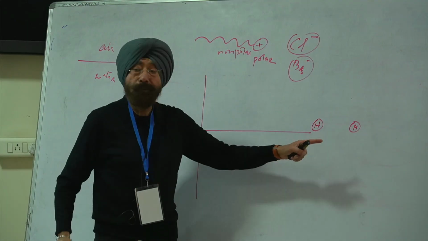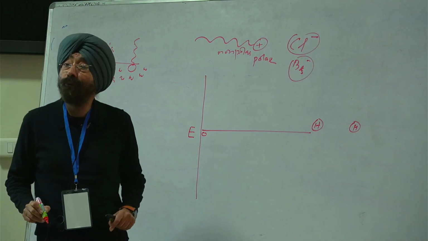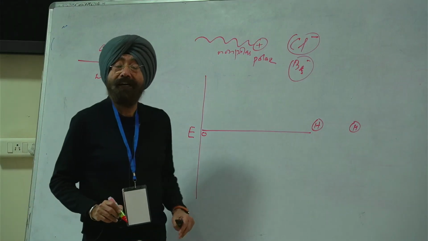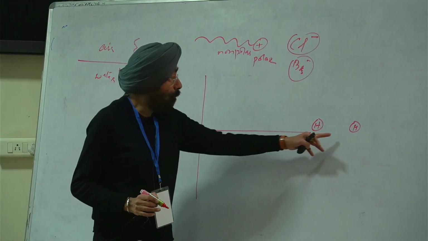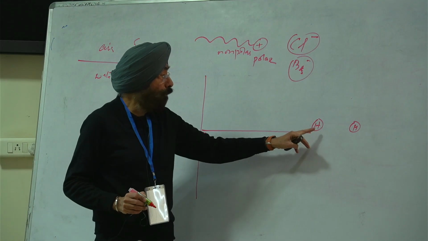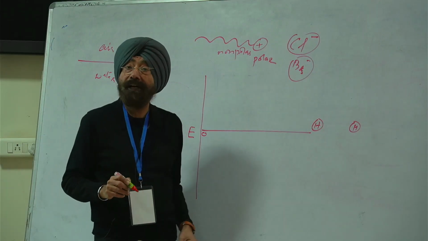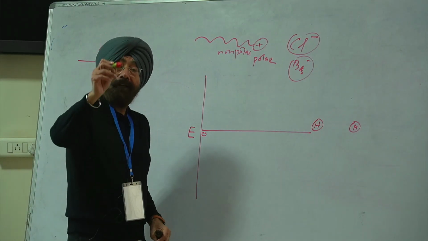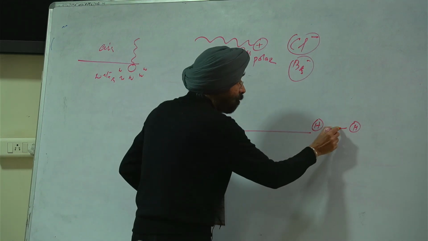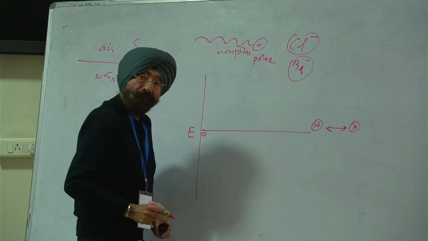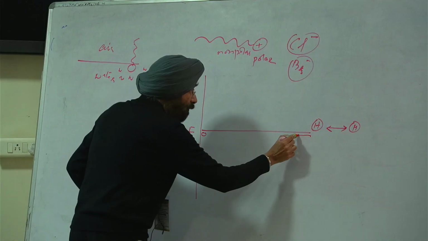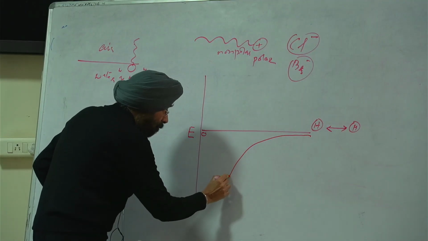Therefore, the potential energy of interaction between the two hydrogen atoms is nil. But when they start coming closer to one another, the potential energy starts decreasing like this, right?